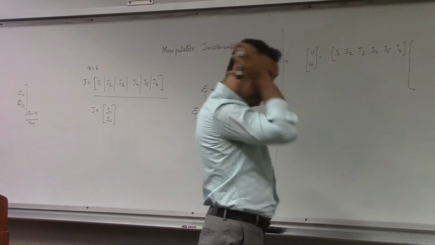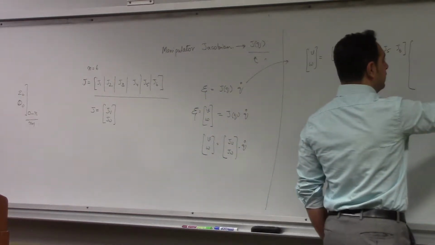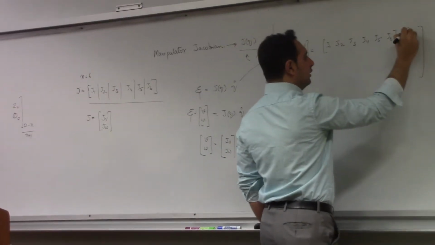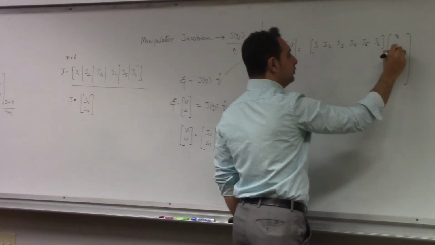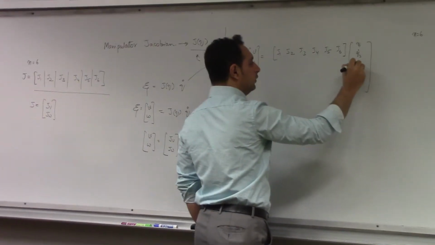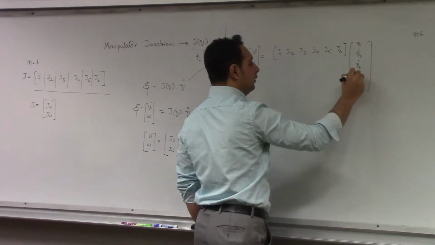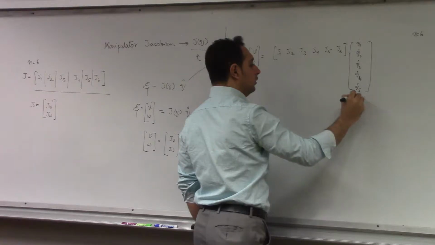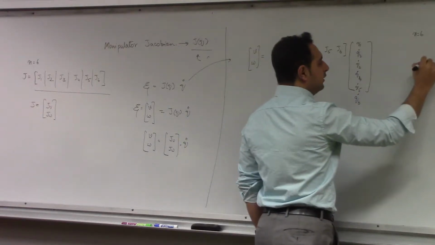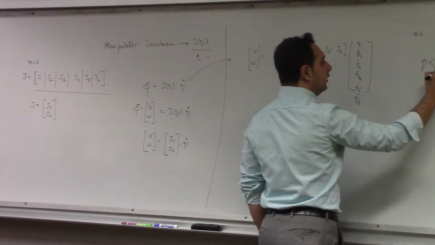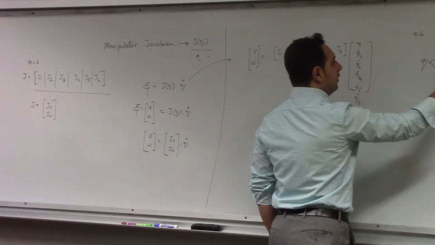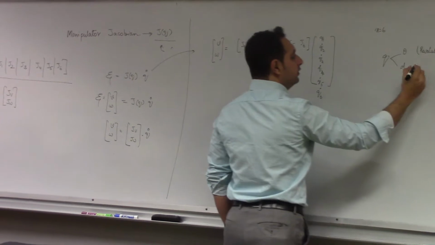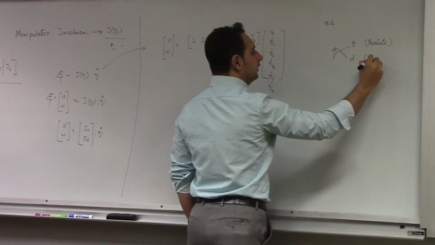Q dot for a 6 degree of freedom manipulator, n equals 6. Let's say that this is Q1 dot, Q2 dot, and so on. Q can be either theta or d. If it's a revolute joint, this will be theta dot. If it's a prismatic joint, it will be d dot.